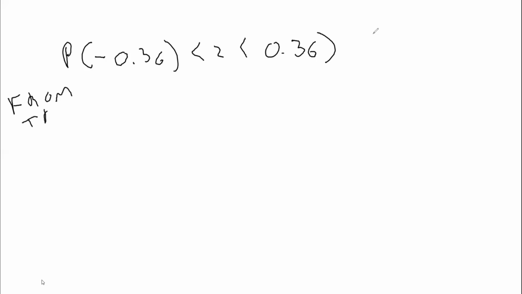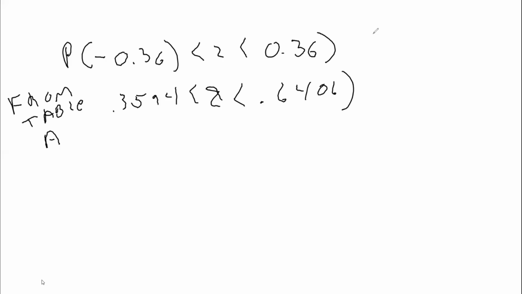You go in the back of the book, or you can go online and find a table of z-scores. From the table, we get 0.3594 less than Z less than 0.6406.